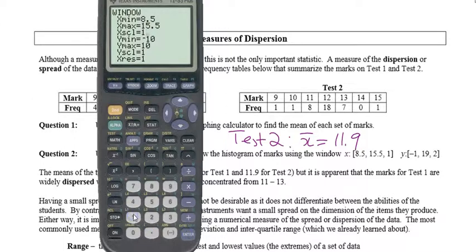Okay, the width is 1. I want our bars to have a width of 1, right? So you'll see 1 for 9, 1 for 10, and so on. And for y, -1, just so it'll show the x-axis, to 19 by 2s.